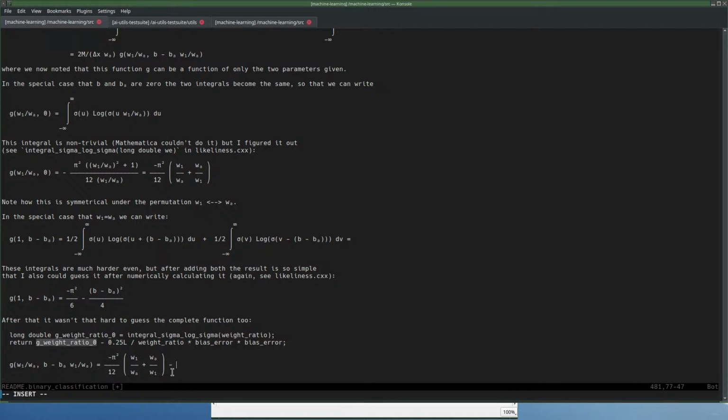Minus. Divided by 4 the weight ratio. Good. Took a week, but now I have the formula.